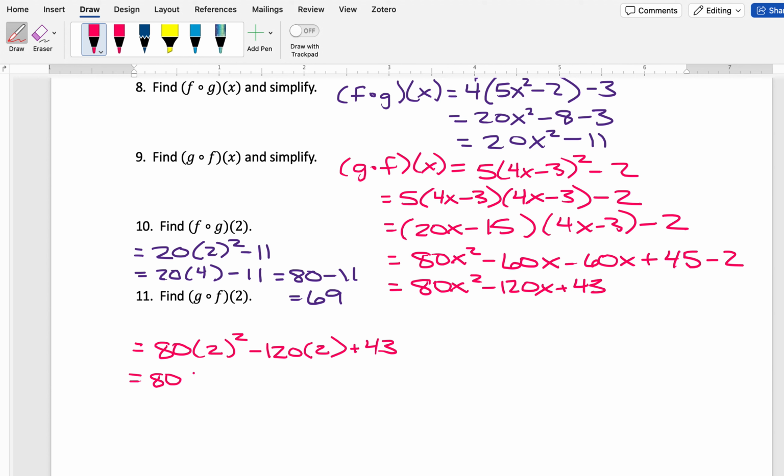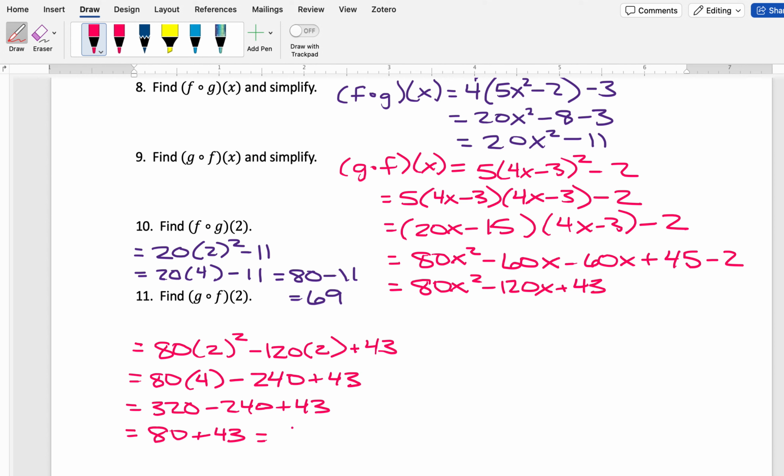So 80 times 4, 120 times 2 is 240. 80 times 4 is 320. Use a calculator here if you need to. 320 minus 240 is 80 plus 43 gives me an answer of 123.